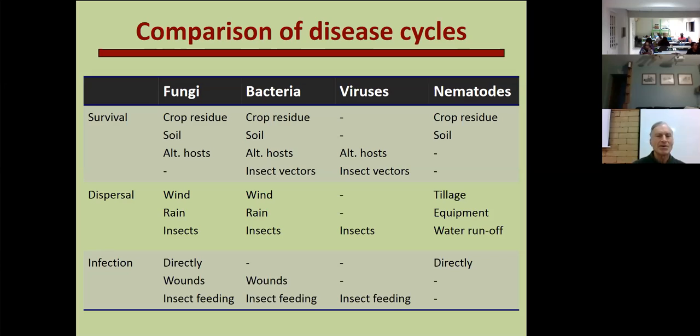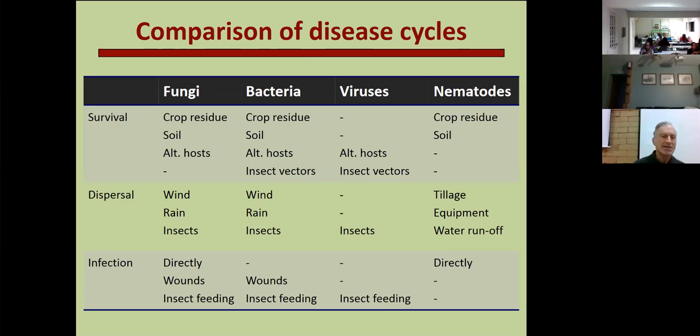It depends on the fungi, what plants it can live in. And then it's dispersed by wind or by rain or by insects. If it's in the soil, it might just come in contact with plant roots growing through the soil.